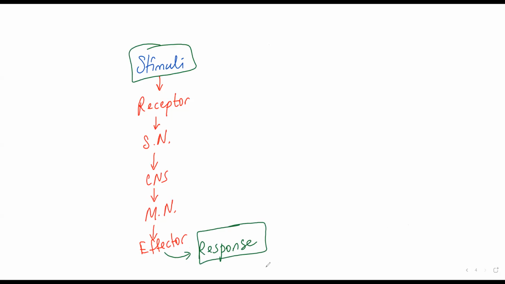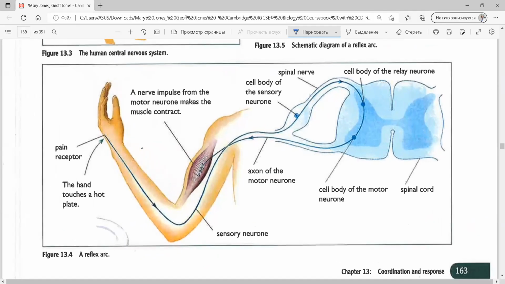And let's go through the picture about it. In this picture, you can see an example of reflex action. Firstly, we have a pain receptor. Let's say, look guys, the hand touches a hot plate. This hot object or hot temperature change is detected by the thermoreceptors or pain receptors, then it travels by the sensory neuron, as you see, which takes it to the spinal cord.